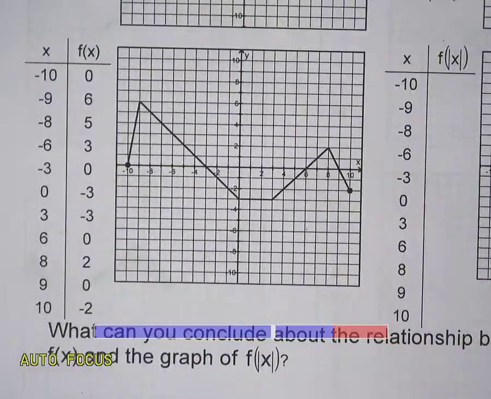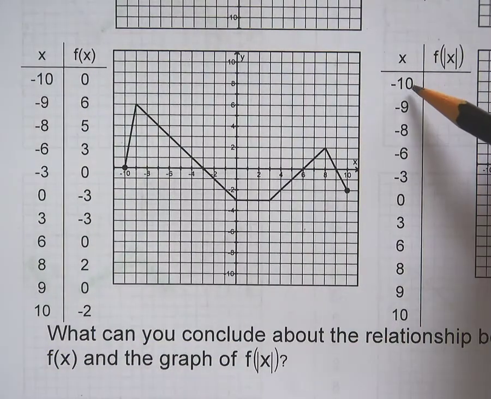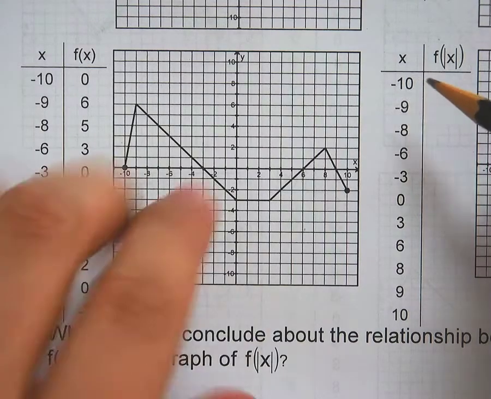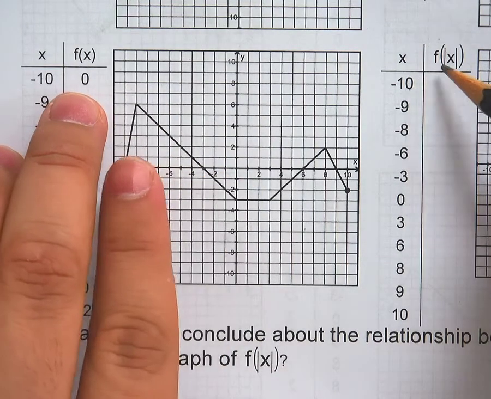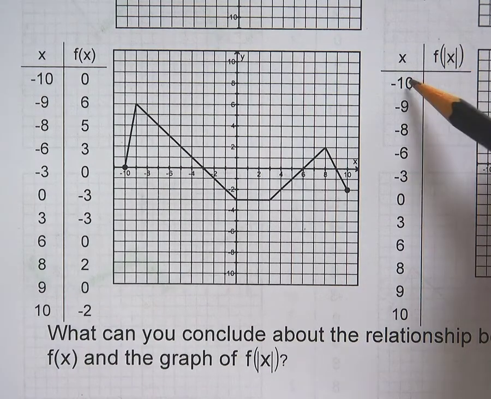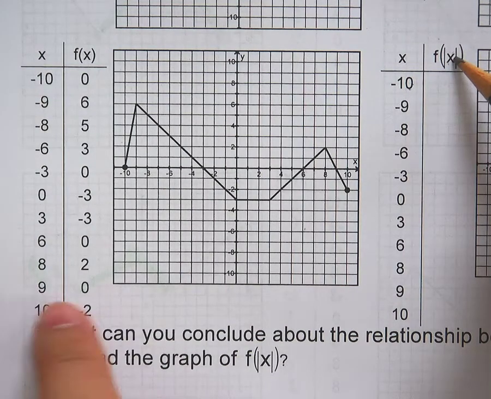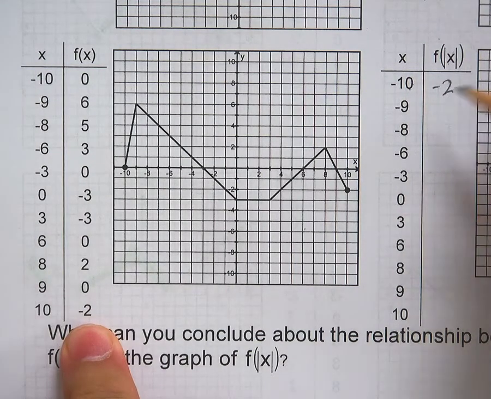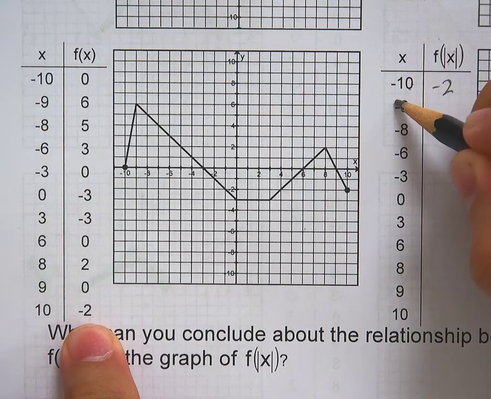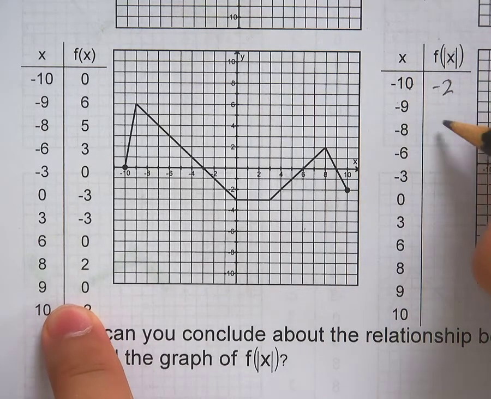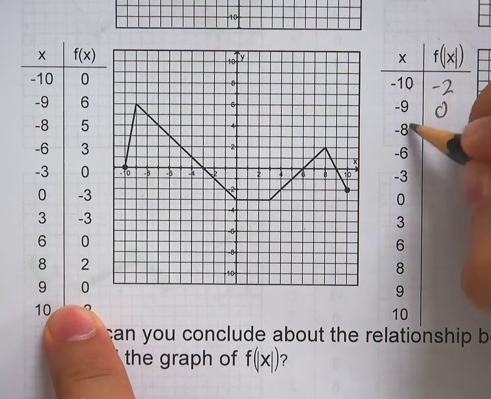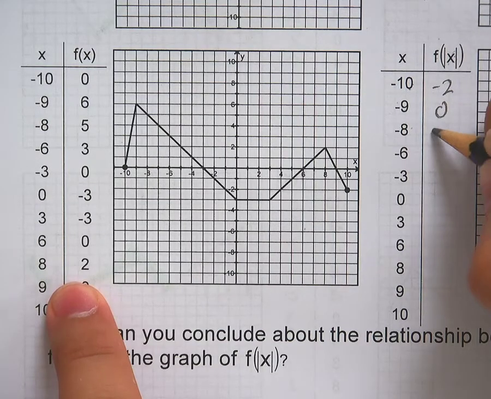One more here. I want to figure out what is f of 10, the absolute value of 10 here. So what is f of 10? Negative 2. What is f of 9? 0. F of 8? 2.